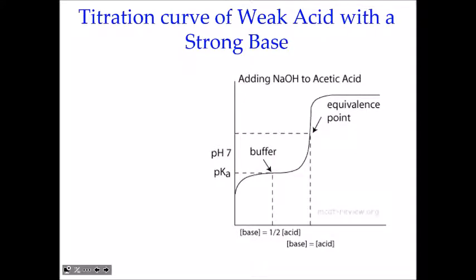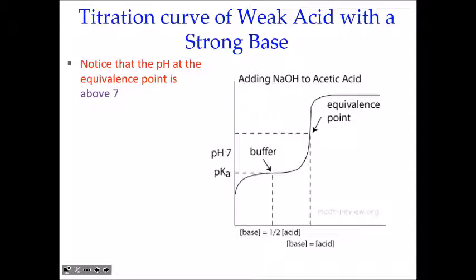Okay, so looking here, we're going into checking out now how the titration curves look for a weak-strong combination. And this one's a weak acid being titrated by a strong base.